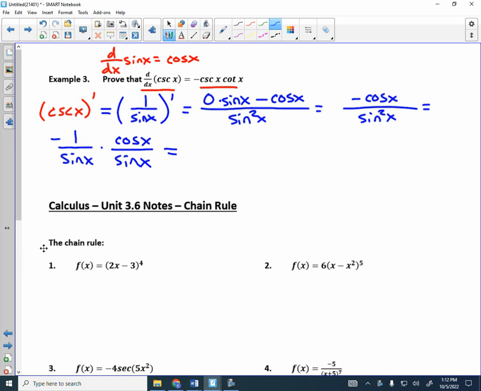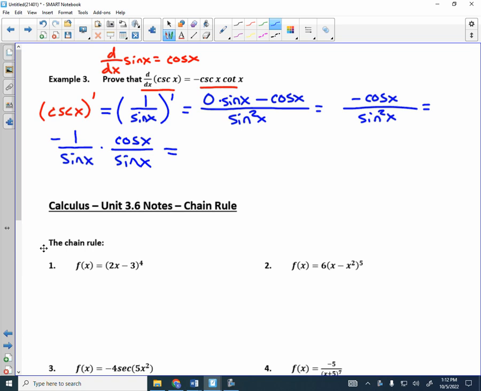This is what we want to come up with. You're proving that that is equal to that. So do you see that negative 1 times cosine is that? And then on the bottom, sine times sine is sine squared.